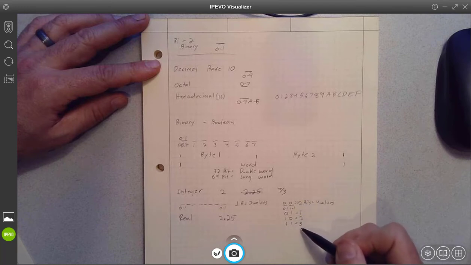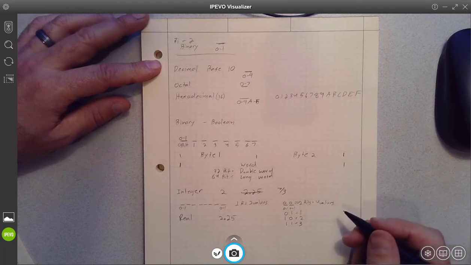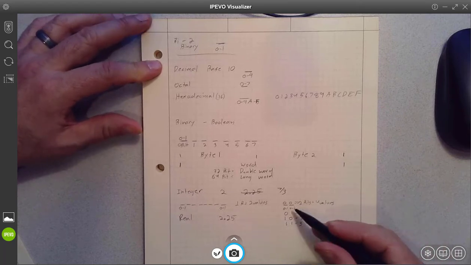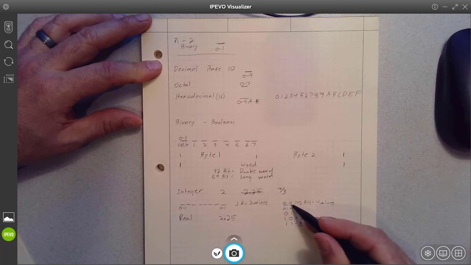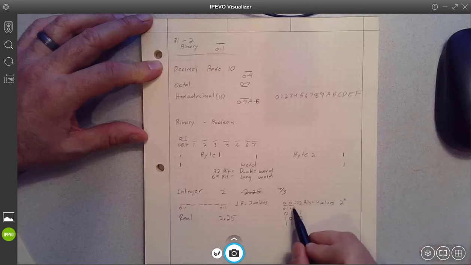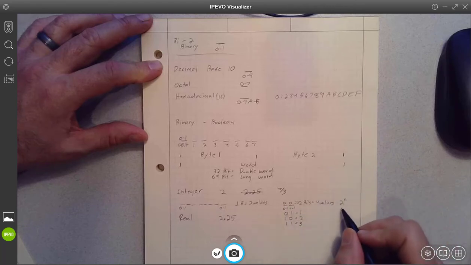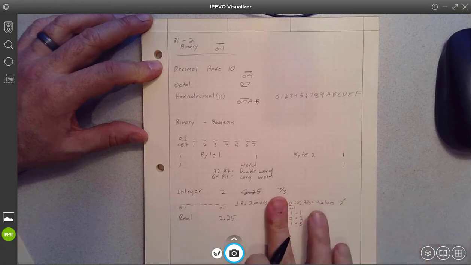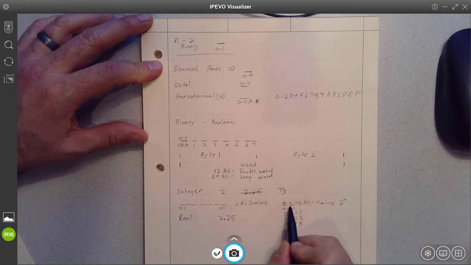So a way to mathematically and quickly tell how many values you can represent with a number of binary places is the equation 2 to the n, for n being the number of places. So if you put in 2 to the 1, if you only have 1 bit, you're going to be able to have 2 values.